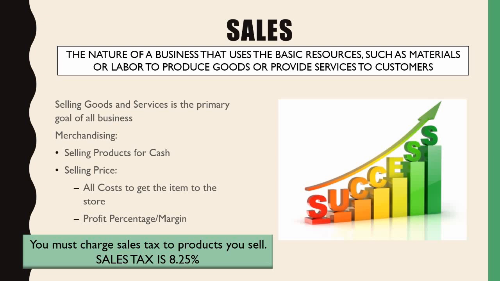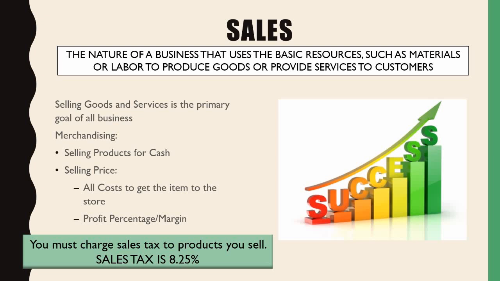So that, remember, when we talked about what the cost of goods sold includes, right? That includes every single cost it takes to get the inventory asset to your store. So that means that cost price will include the actual purchase price, the actual freight, anything that is involved, such as sales tax or expedited fees, because whatever it takes to get the item to your store, you're going to make the customer pay for it, right?